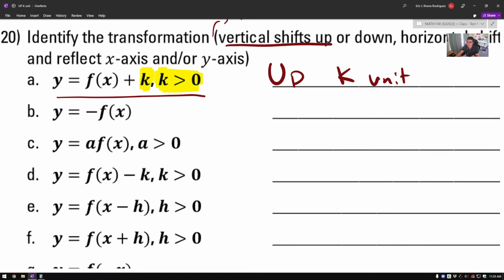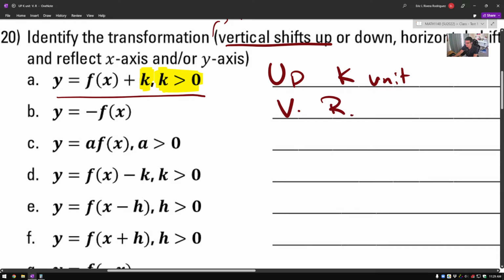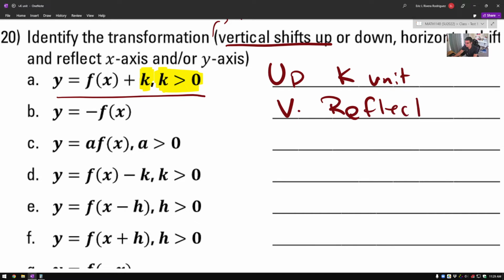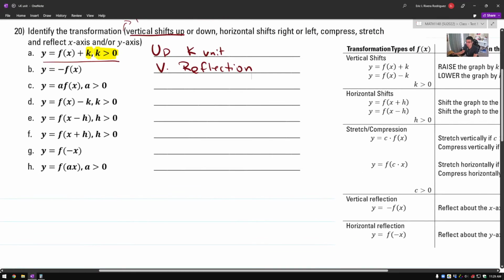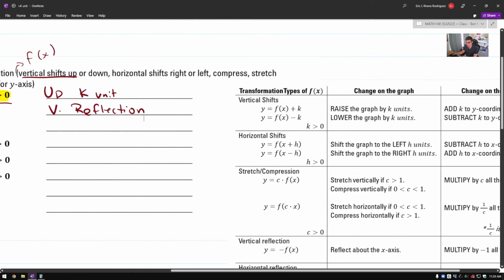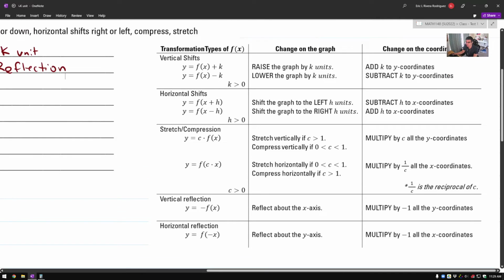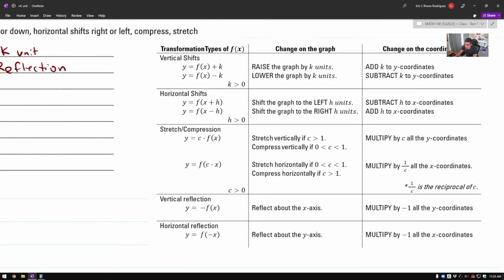Okay. So here we have a negative in front of f, so that is going to be a vertical reflection. You could go and watch the example that we have discussed, or you can use this table. A negative in front of f means a vertical reflection. Okay, so we have this, and we got this one as well.